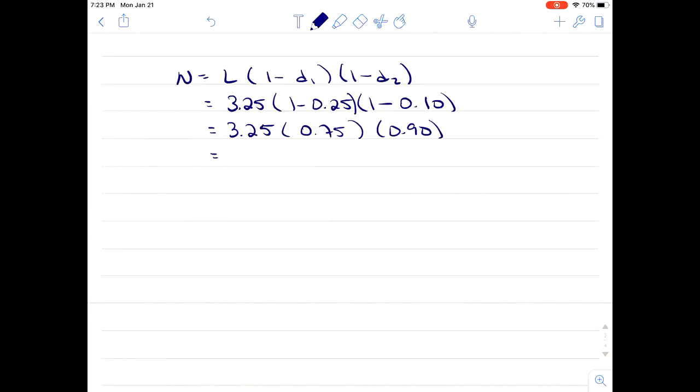Multiplying and dividing we can do in any order. So 3.25 times 0.75 times 0.9, we get 2.19375. So N is in monies, so $2.19.